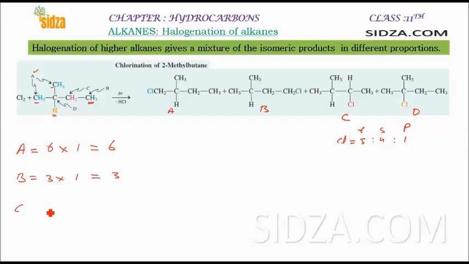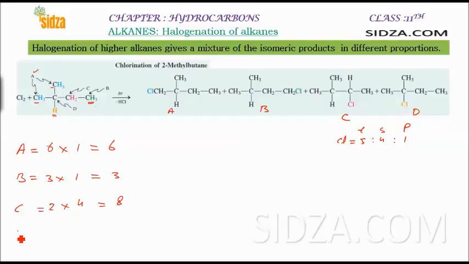C is the secondary one. There are 2 hydrogen atoms there. Reactivity is 4, so 2 into 4 is 8.